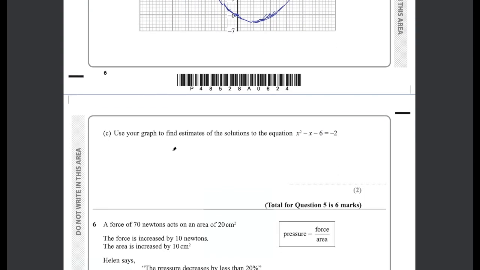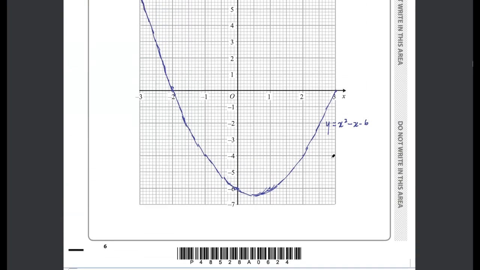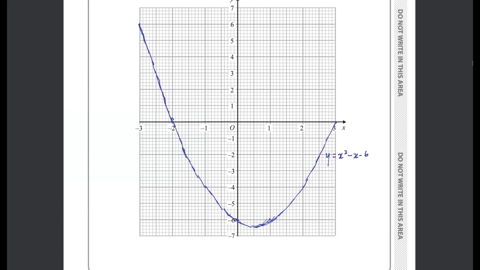Part C says use your graph to find the estimates of the solution to the equation x squared take x take 6 equals -2. So what this is saying is this is our graph we've just drawn, and this is a horizontal line at -2. So we need to draw in a line at -2, and I might just use a different color.